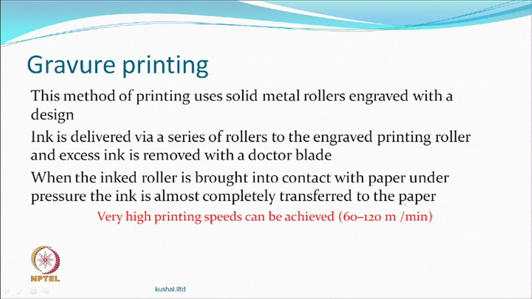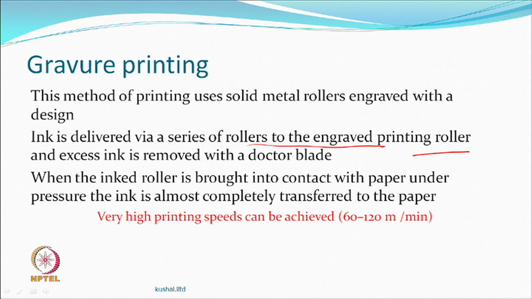So, the next technology which is used for paper printing is also called gravure printing. Now, this is exactly like a roller printing machine, because here the design is engraved. In a roller printing machine, the design is engraved onto the roller, right.